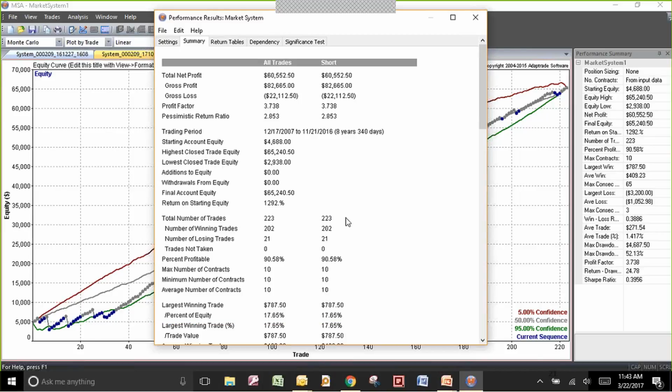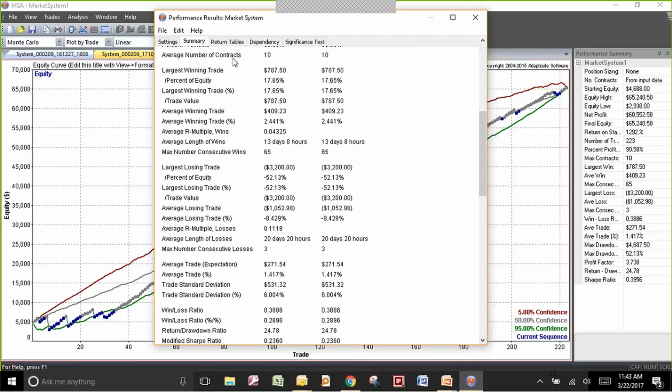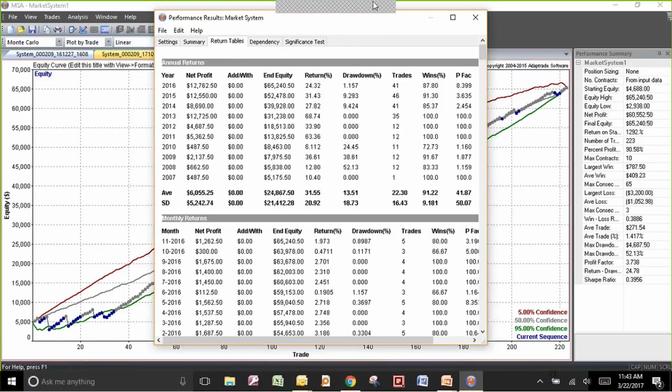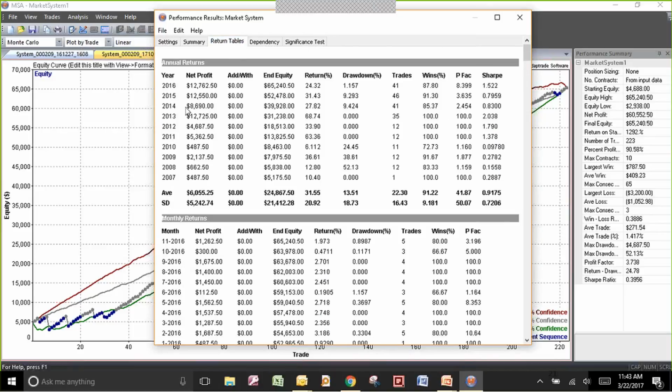And it shows how many total trades there were, how many were winners, how many were losers, the average amount of winners, the average amount of losers. He also has these very nice return tables. I like these a lot. So you can see whether you made money in every year. This is really nice.